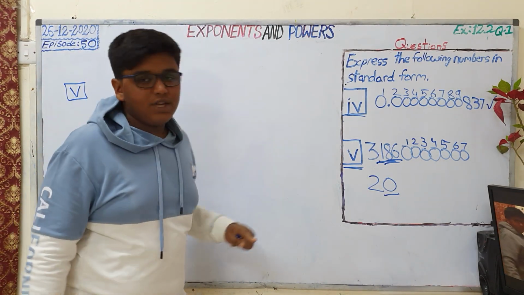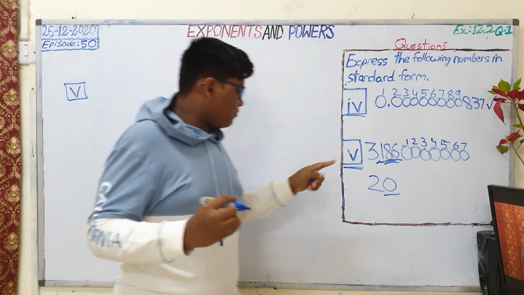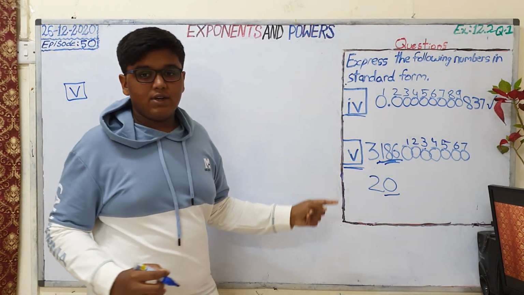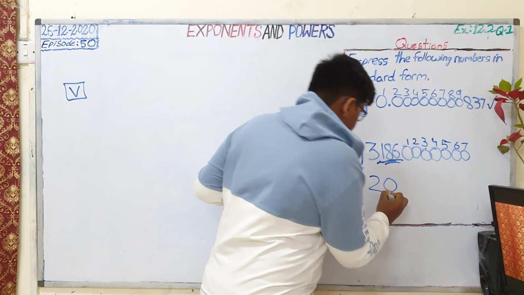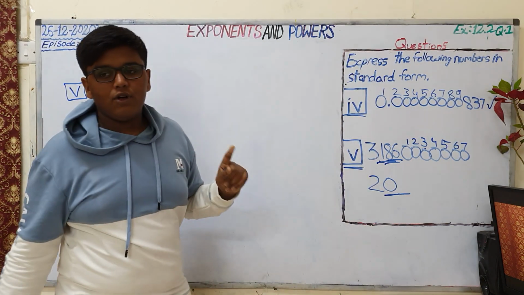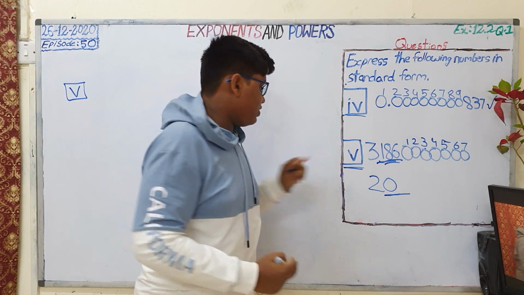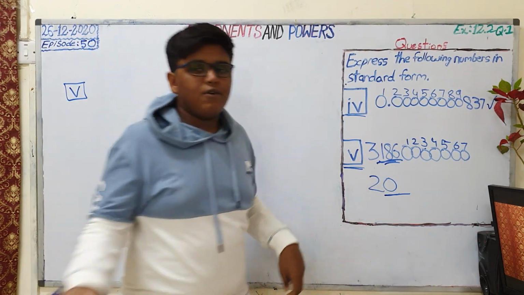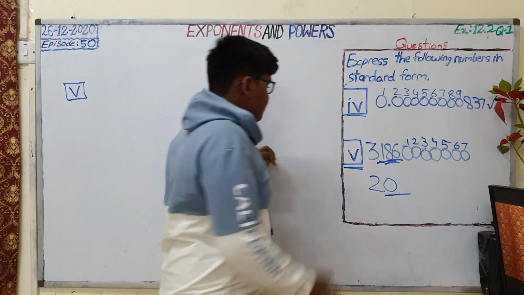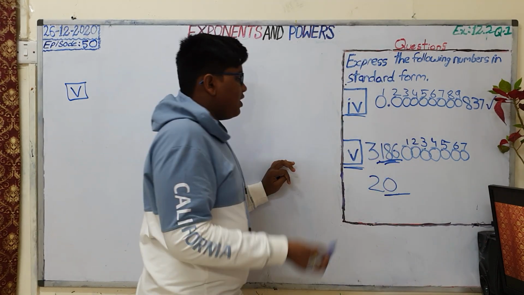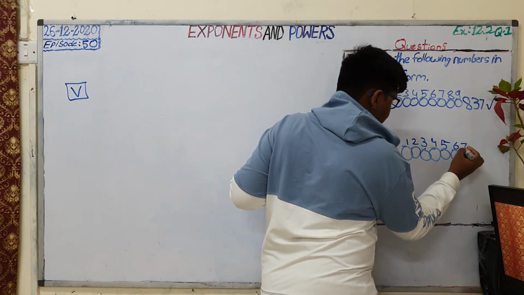So we are going to use the same method which we used for the third one. No matter even if we have any number here, 0 or 1 or 3 or 5, it doesn't matter. So we'll start counting from the last one.